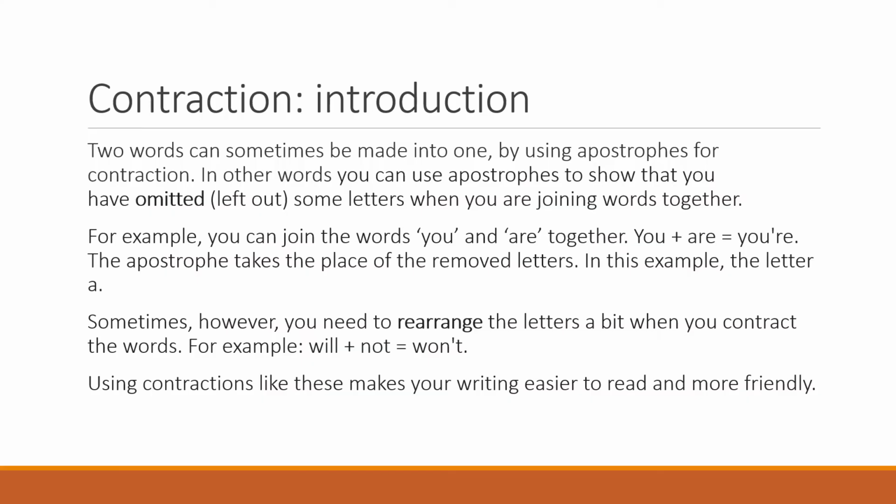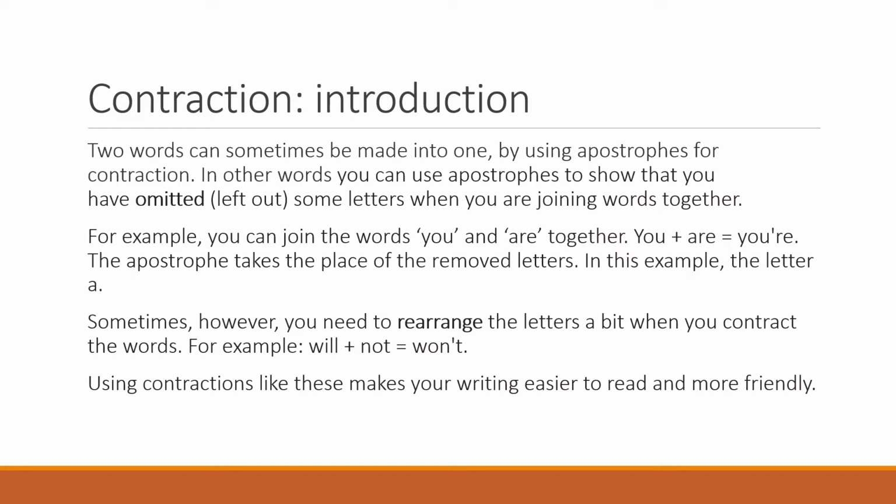Now, what is contraction? Two words can sometimes be made into one. Do you know that? By using apostrophes for contraction. In other words, you can use apostrophes to show that you have omitted or left out some letters when you're joining words together.